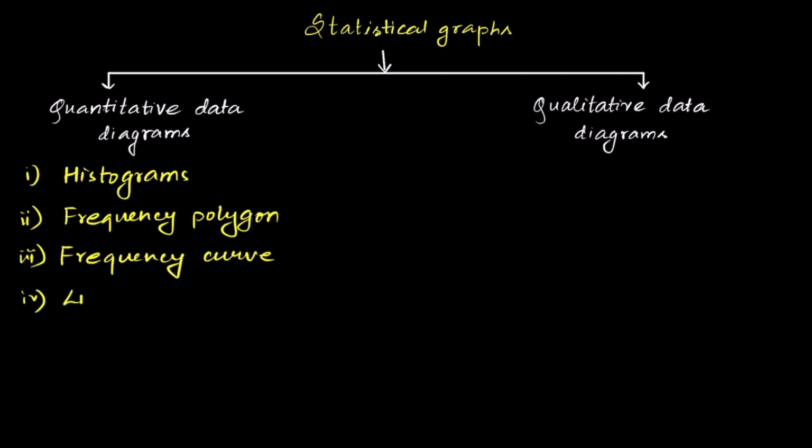Number four, line chart. Number five, Ogive. And number six, scatter diagram.